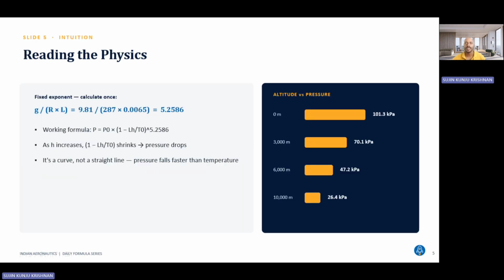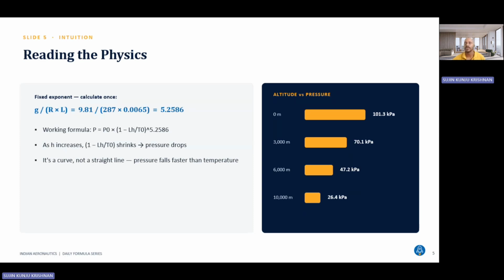Here is a trick that makes this formula manageable. The exponent g over RL never changes because g, R, and L are all fixed constants. So calculate it once: 9.81 divided by 287 times 0.065, and you get 5.2586.